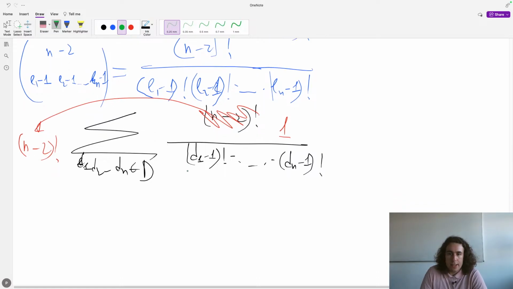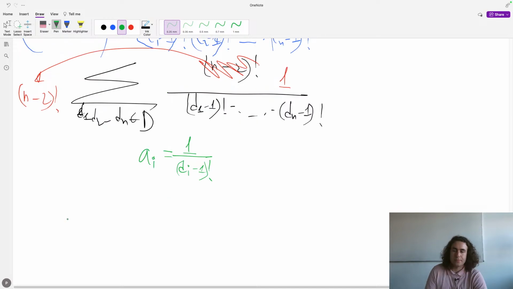And let's call these things... Let's define ai to be equal to 1 over di minus 1 factorial, right? Oh, wait, it's not this.